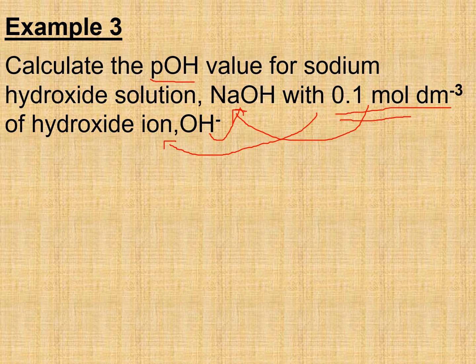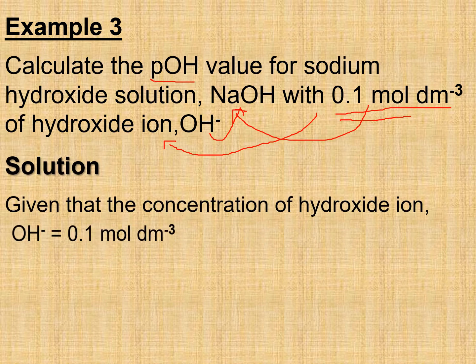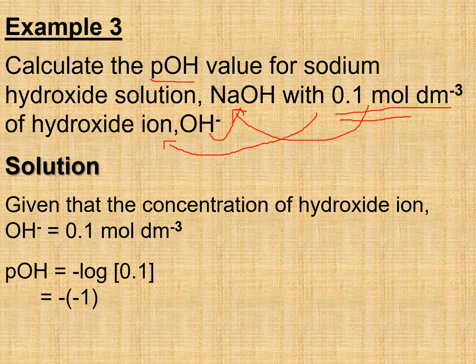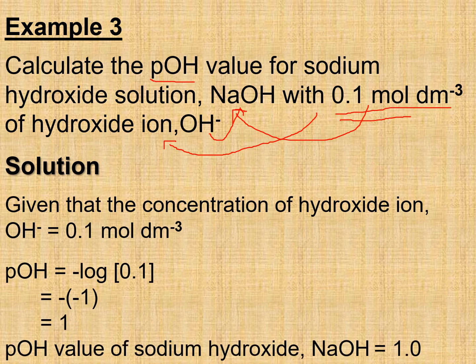Okay, using the formula of pOH, pOH is equal to negative log of the concentration of sodium hydroxide. Just put the value of 0.1 here, and calculate again. So log of 0.1 is negative 1.